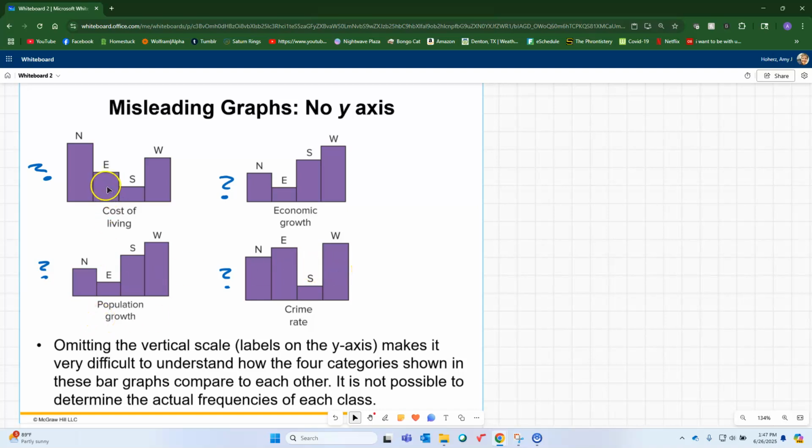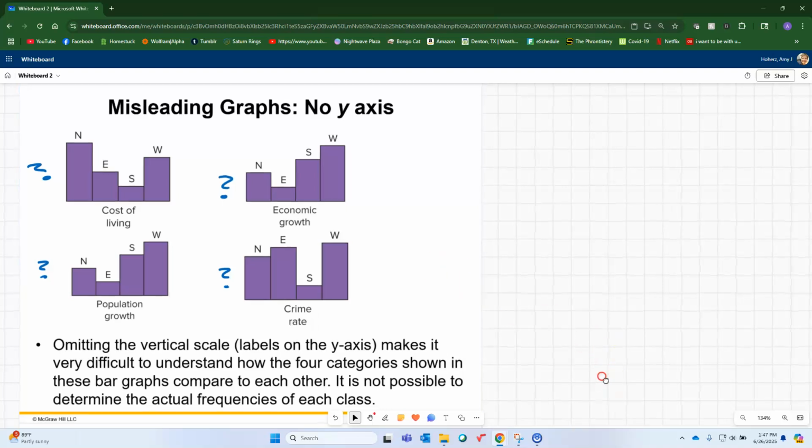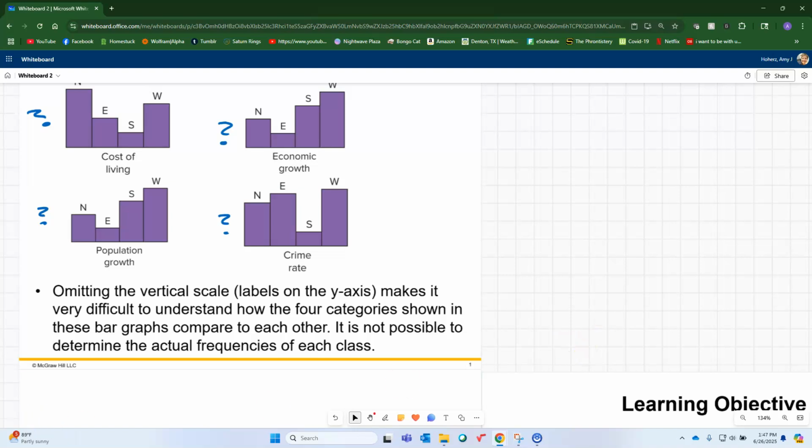East has the second lowest cost of living, the lowest economic growth, the lowest population growth, and the highest crime rate. So you can get something out of this, but it's just not going to be very detailed. So it's very misleading to not label both axes.